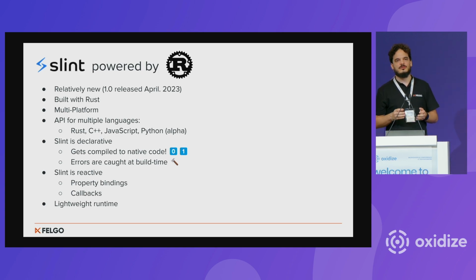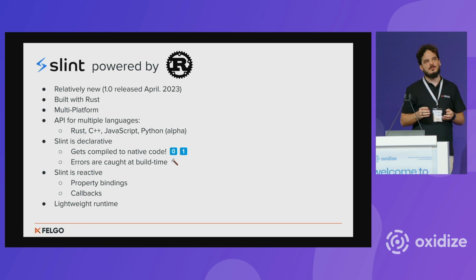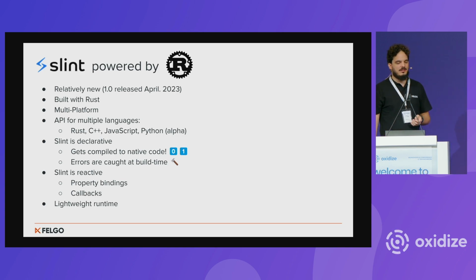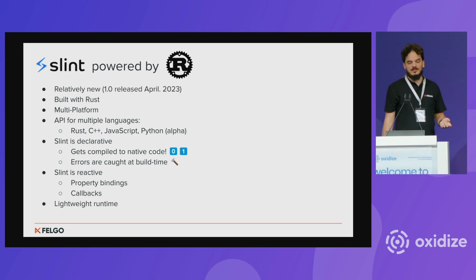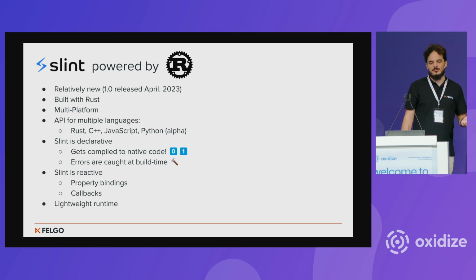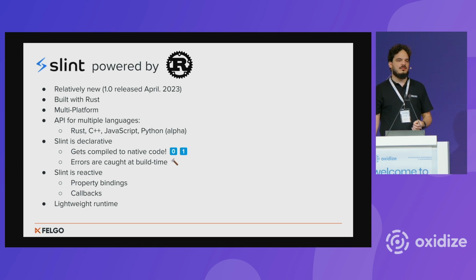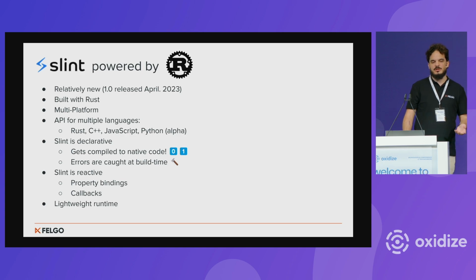It's declarative as well, similarly to QML, but the major difference is that it gets compiled to native code. So your errors are caught at build time instead of runtime. And this is reactive as well, because you have property bindings here, and you have callbacks instead of signals, and you have a lightweight runtime, since it was developed taking into consideration embedded systems.